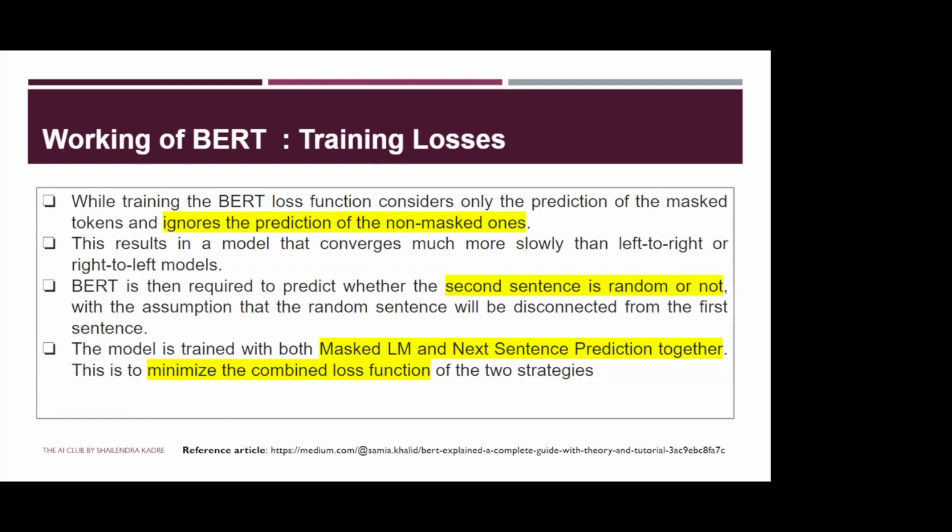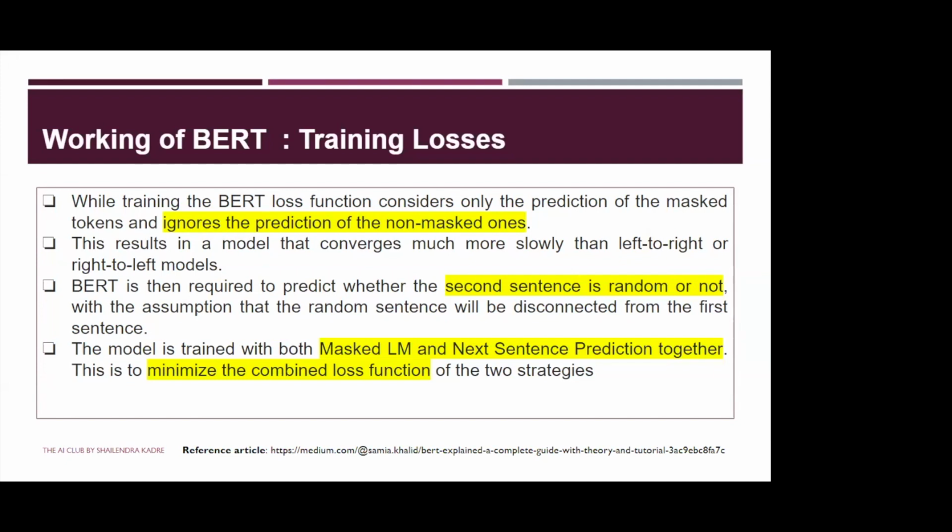The only disadvantage here is that it is a bit slower than unidirectional processes. So if you see point number 2, this results in a model that converges much more slowly than left to right or right to left models, or simply we can say the unidirectional models.